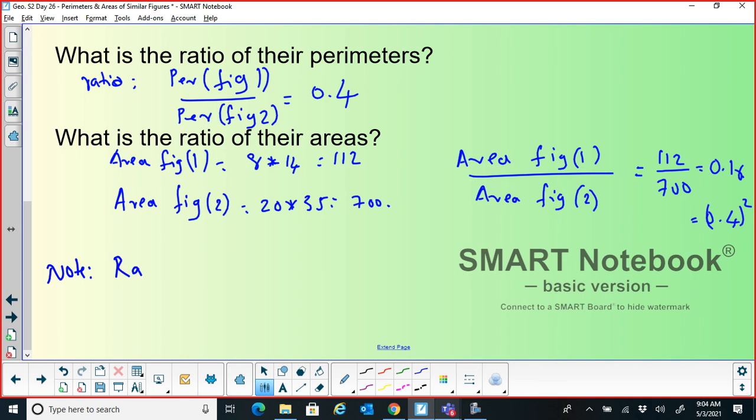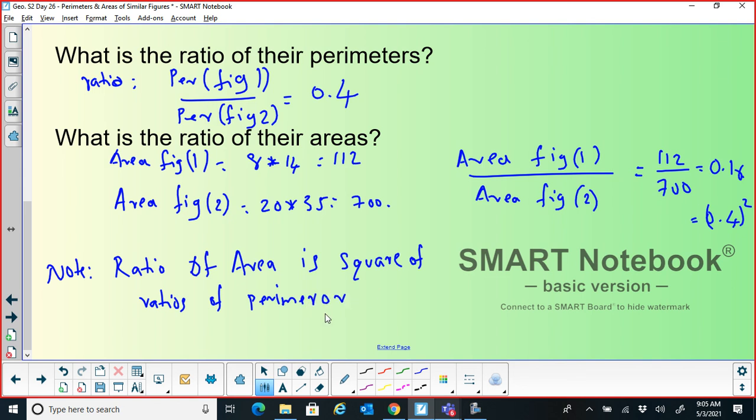Ratio of area is square of ratio of perimeter or sides.